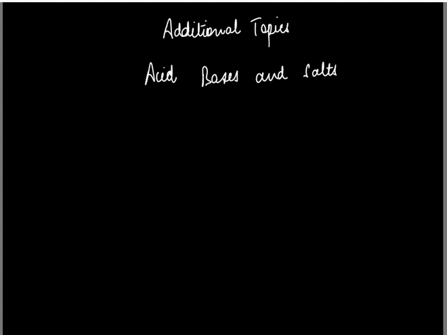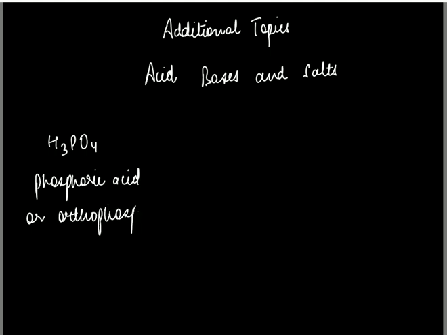So in this lecture we are going to discuss some additional topics of acids, bases and salts. First, before moving ahead, we are going to discuss certain oxy acids, specifically these: phosphoric acid, this is also called orthophosphoric acid.